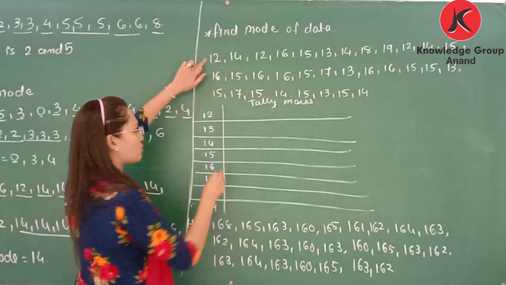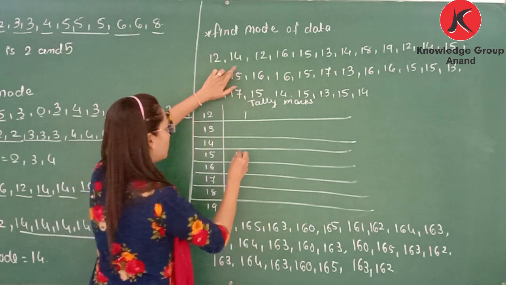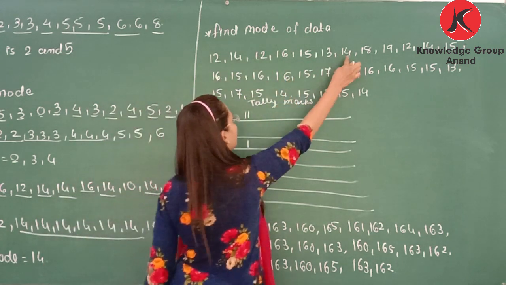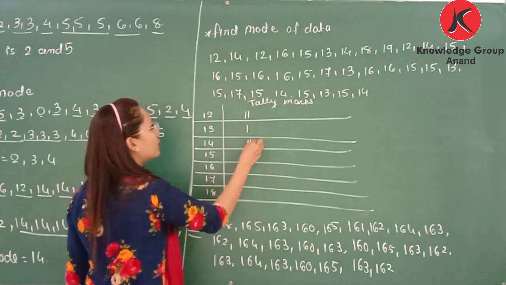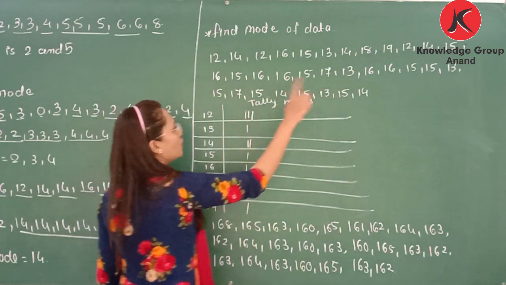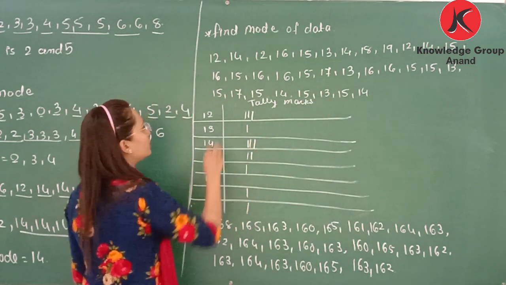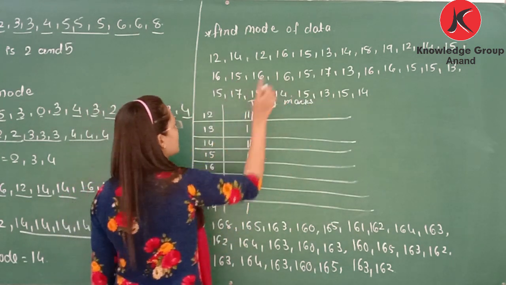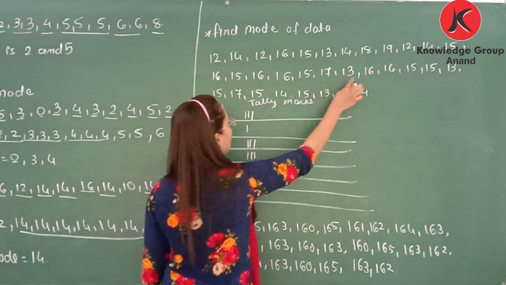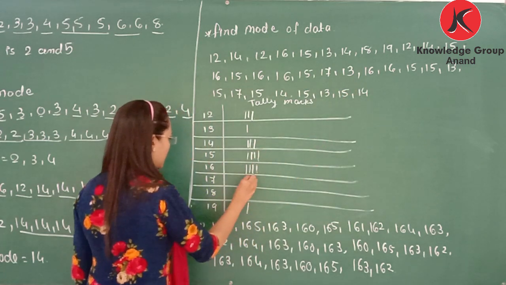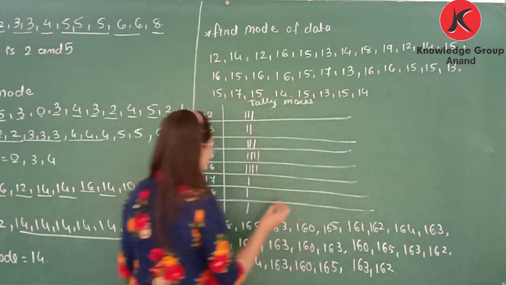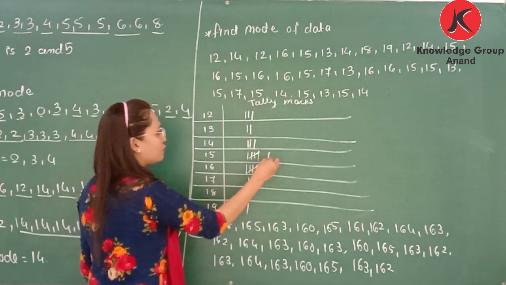Here the first value is 12, place a bar in that. 14, 12, 16, then 15, 13, 14. 18, 19, 12. 14, 15. 16, 15, 16, 16. 15, 17, 13. 16, 16, 15 and 15.